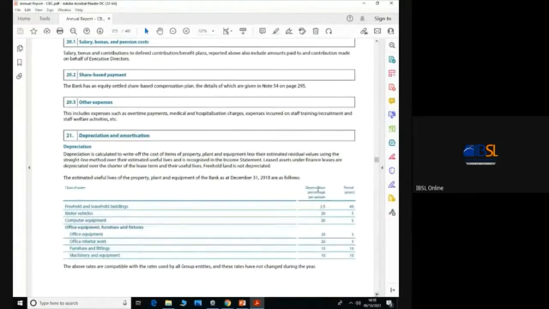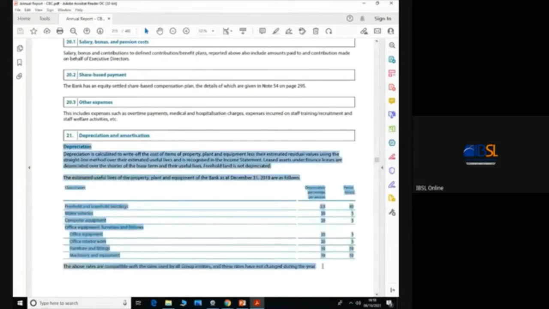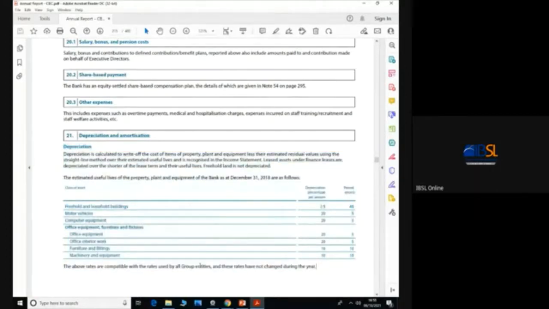I don't know whether you can see that. This part here, right? You look at it, depreciation is calculated. I hope you can see that. Is it visible to you all?